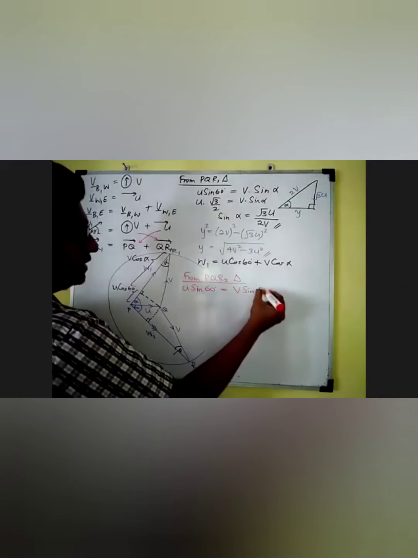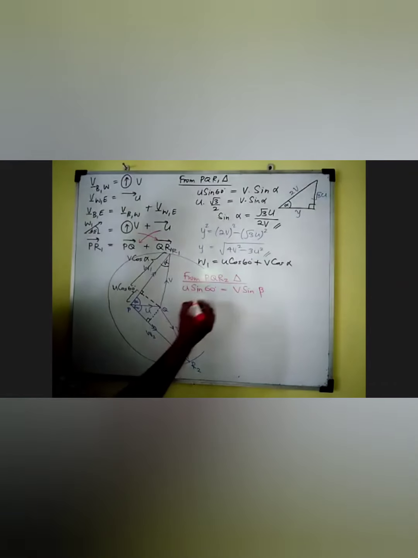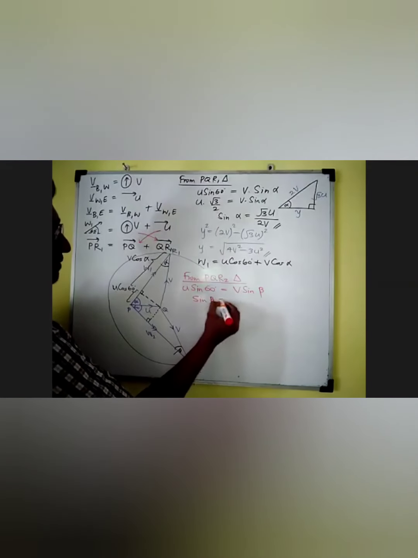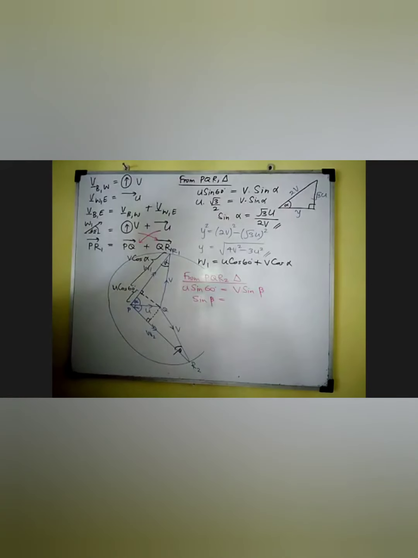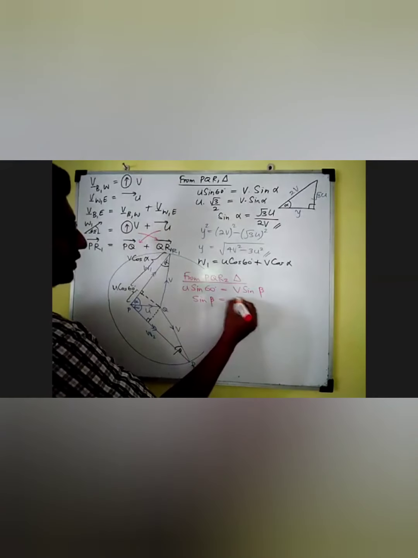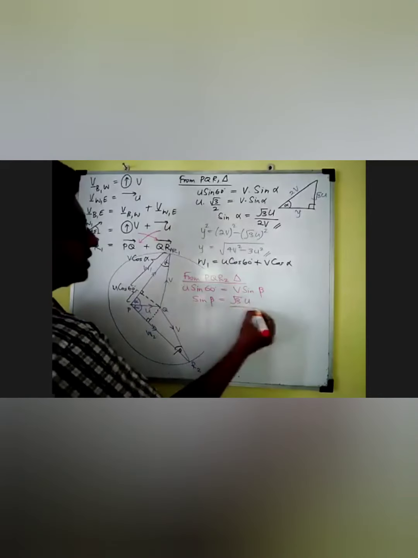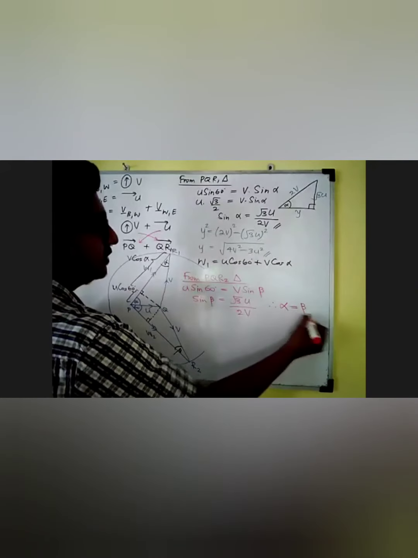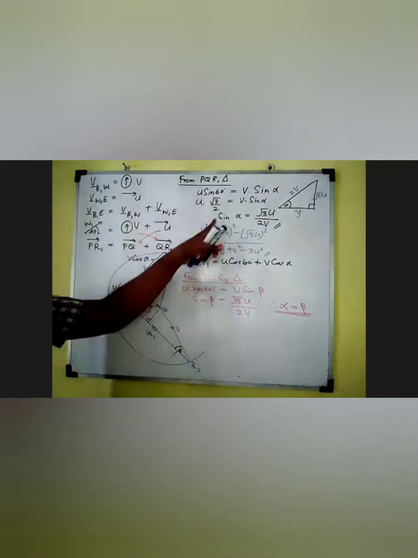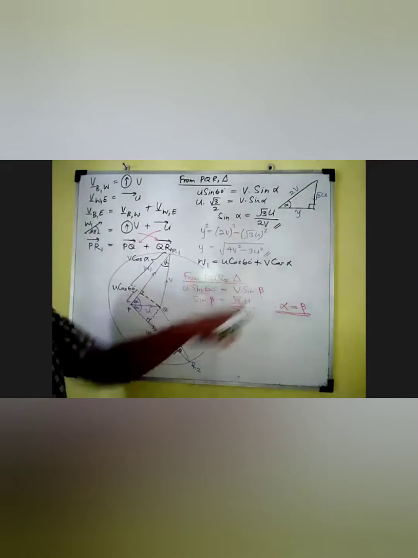Then sin beta is u sin 60 over v. Sin 60 is root 3 by 2. So it is root 3 times u over 2 times v. So same thing. Therefore, we can say alpha is equivalent to beta because sin alpha and sin beta have the same fraction.